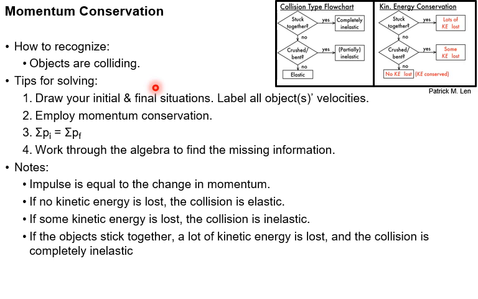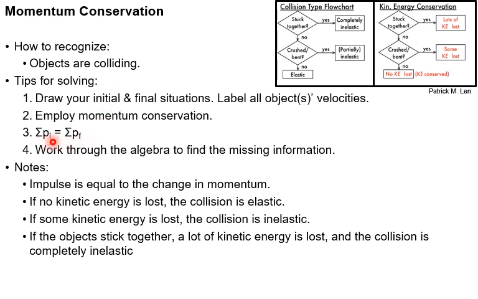Why that's important is, for instance, let's say you have two objects initially moving, and then they collide and stick together. In your initial situation, you have two separate masses and velocities to contend with. In your final situation, you might only have one combined mass and combined velocity to deal with. So be careful doing this accounting. Then you just need to employ momentum conservation, right?